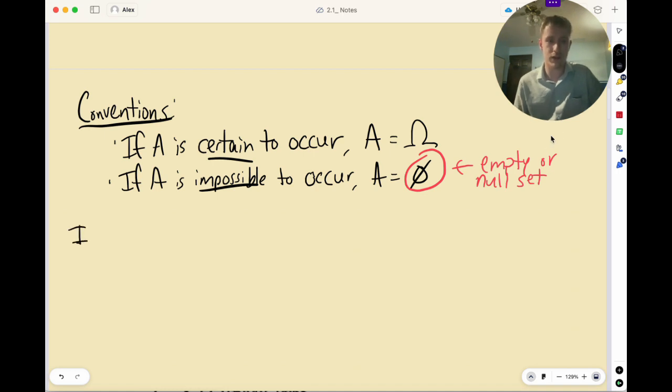If we have two events, A1 and A2, what does it mean that they're the same event?